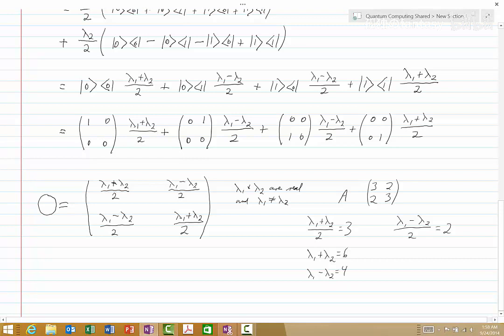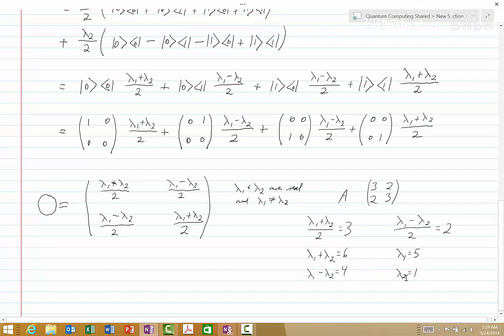And if we add those two equations together, we get 2 lambda 1 is 10, which means that lambda 1 is equal to 5, and lambda 2 is equal to 1. Notice that this choice of lambda 1 and lambda 2 will indeed make the first equation true, because 5 plus 1 is 6. It'll make the second equation true because 5 minus 1 is 4.